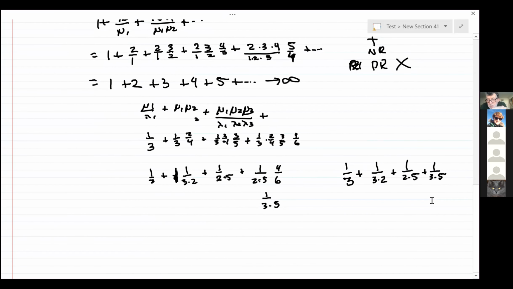I think that's right. Is that correct? If that's correct, let me know. So far, now the question is, does that converge or not?